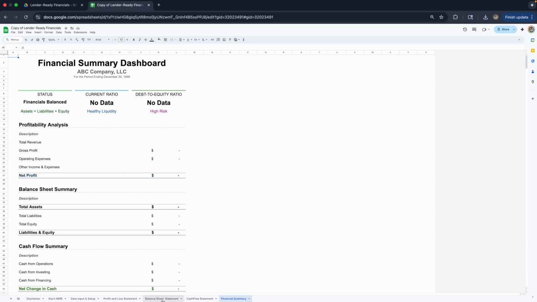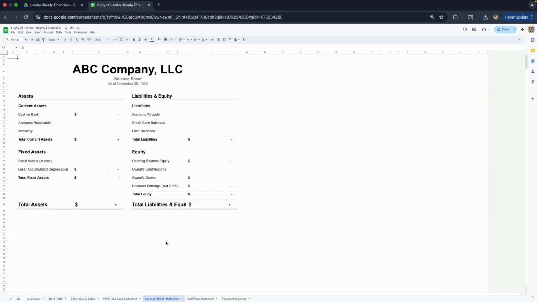What this template shines at is that it can help you generate all three financial statements, and mainly the balance sheet, because I think with the balance sheet most small business owners struggle. The balance sheet always has to balance. Let's say your assets are $1 million, your total liabilities and equity must equal the same.